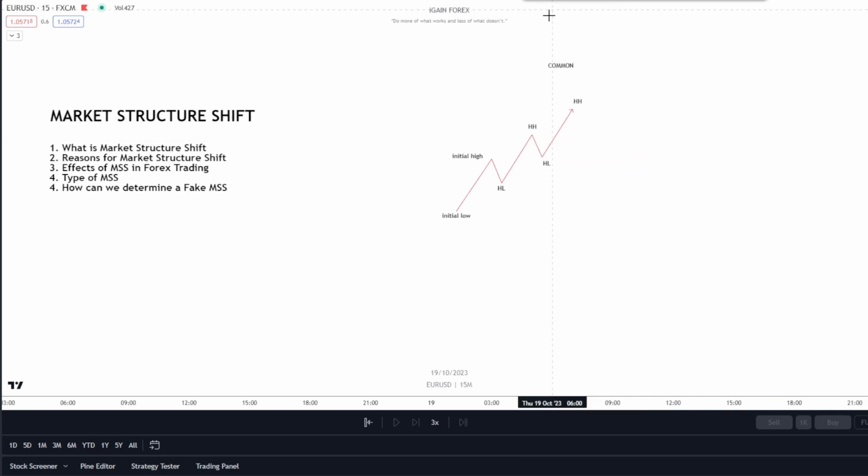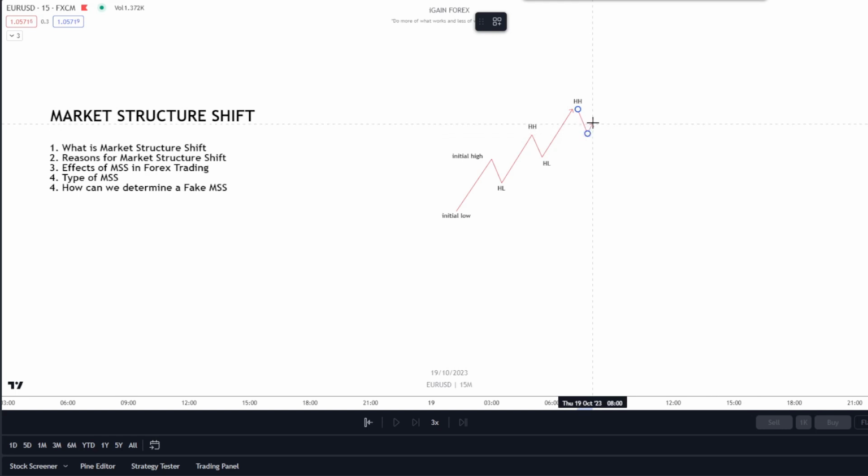Okay, so this is a higher low, right? The internal market structure I'm using for scalping or intraday trading so that we could get our sniper entry. So this one here, for example, is a bearish move.